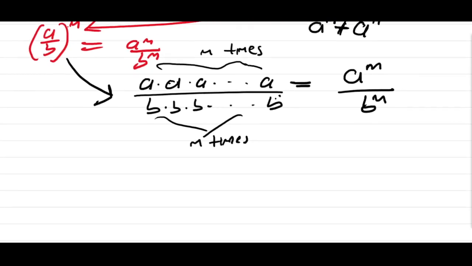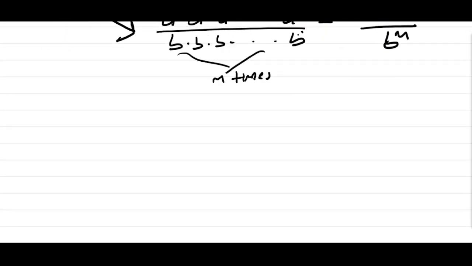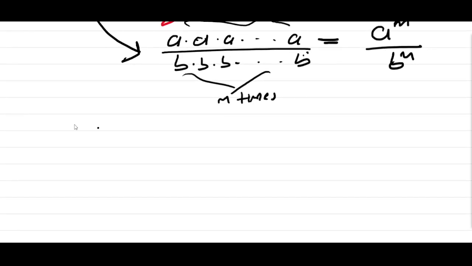Now, I would like to add that we denote A to the negative 1 to equal 1 over A. And we write 1 over A to the third power, things like this, to be A to the negative 3.